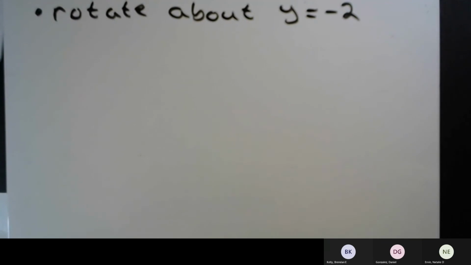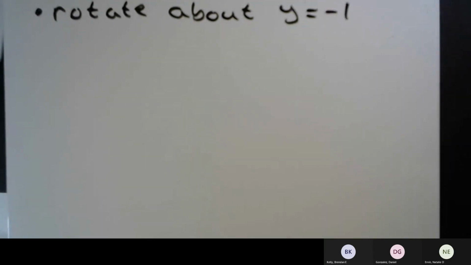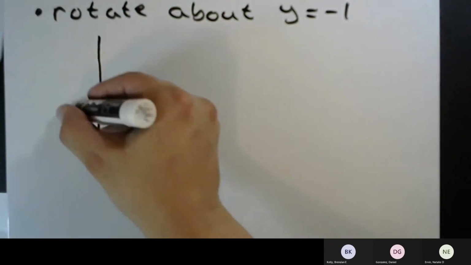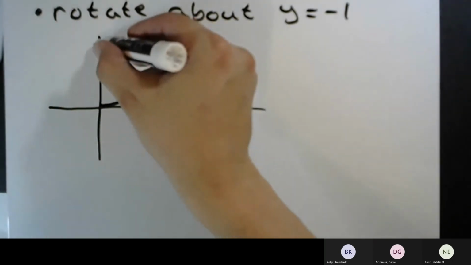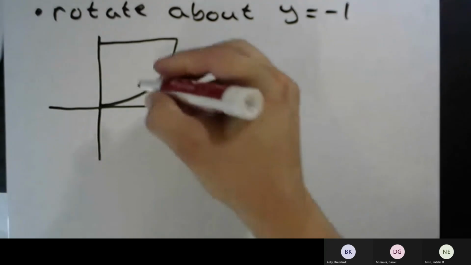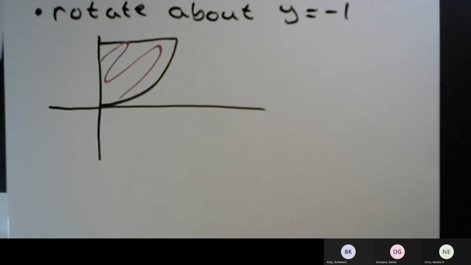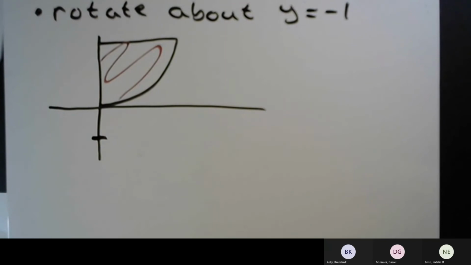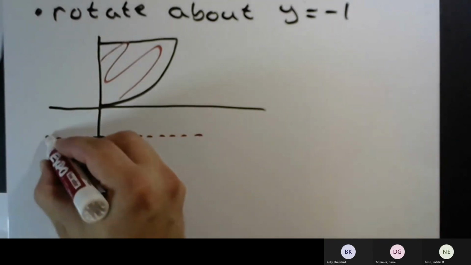So what is this going to look like? We have our region here. But now we're going to have this other axis of rotation down here.